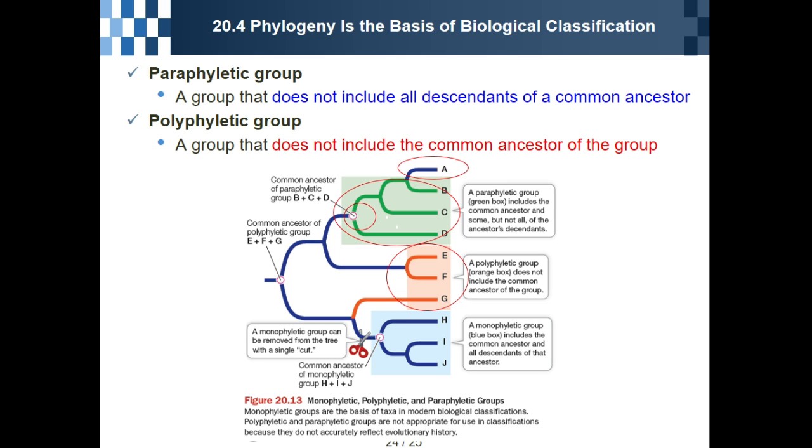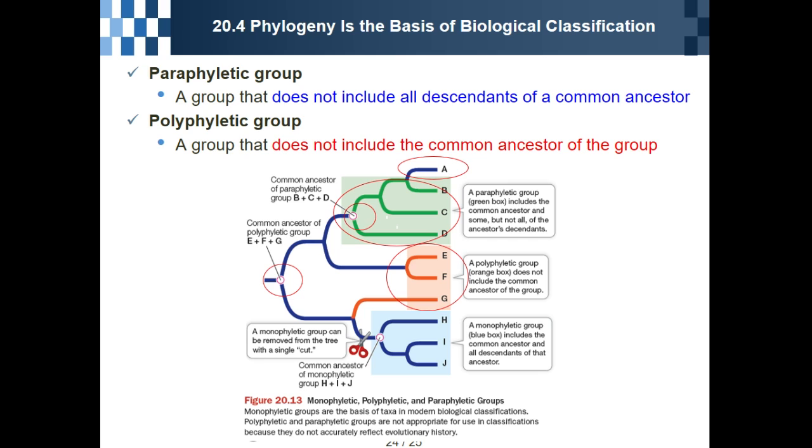So this is the common ancestor of E, F, G. However, this scale did not include the common ancestor. So in this case, we call it a polyphyletic group.